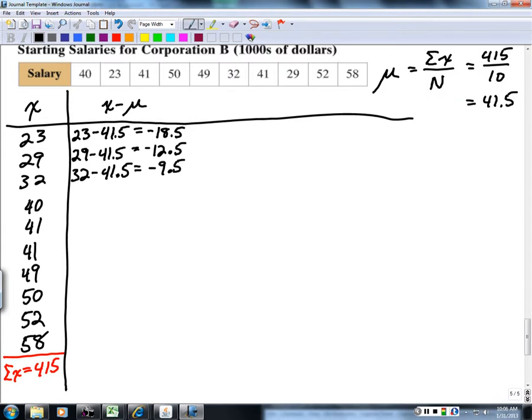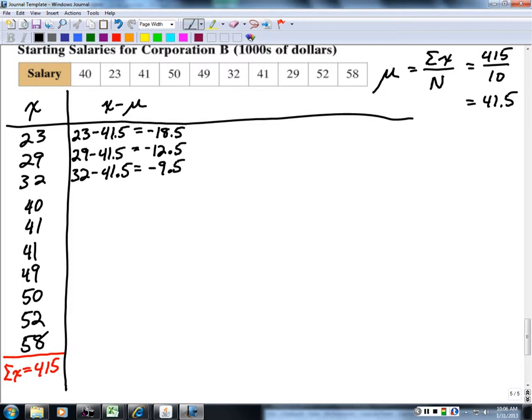And I'm just going to write down the rest of the differences without actually writing out. You don't have to necessarily write the 23 minus 41.5 in your table as you're doing it. You can just go ahead and calculate it. One of the things is you can actually use Excel to do this for you.